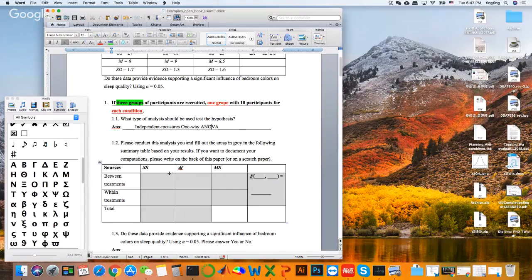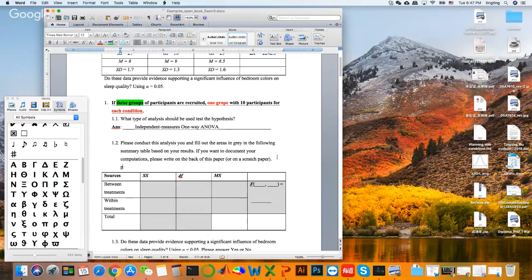Independent one-way ANOVA. You can check the book, right?